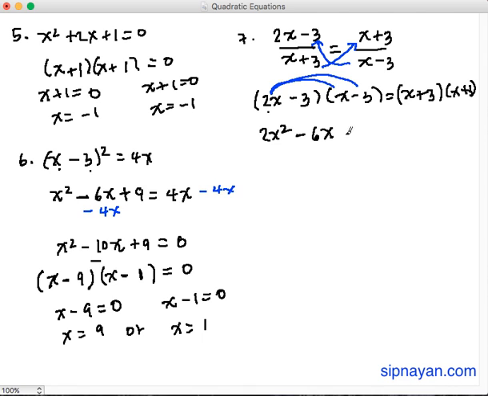Then we have the minus here, so minus siya dapat dito. 3 times x is 3x, and we have the minus here, minus at saka minus, magiging plus. And then we have 9. Tama ba?